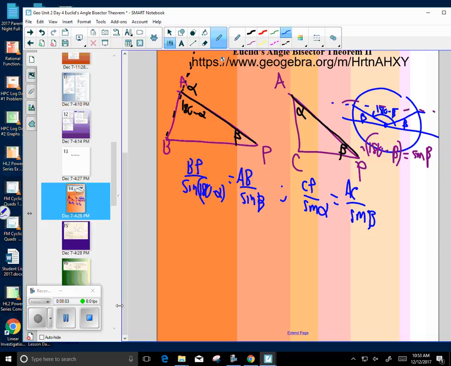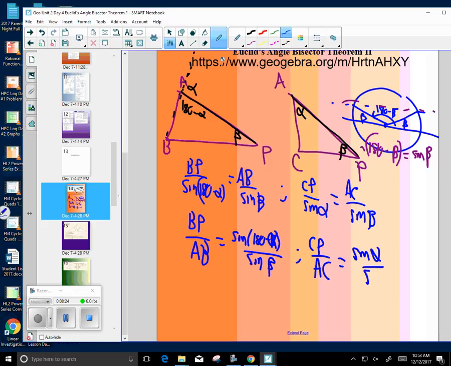We're going to have BP over AB equals the sine of 180 minus alpha over the sine of beta. And then here we're going to have CP over AC equals sine alpha over sine beta. What did I say, though, for the unit circle?